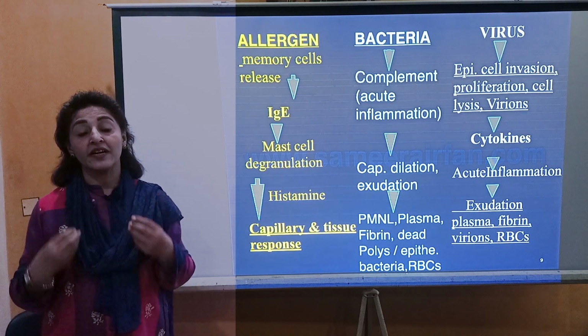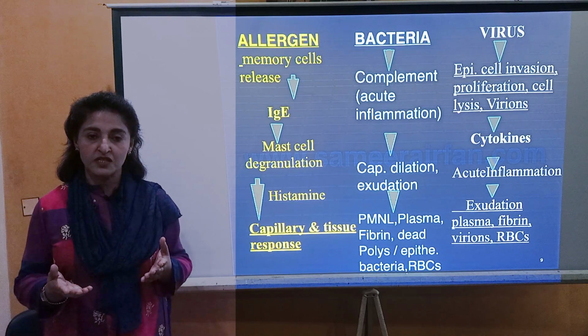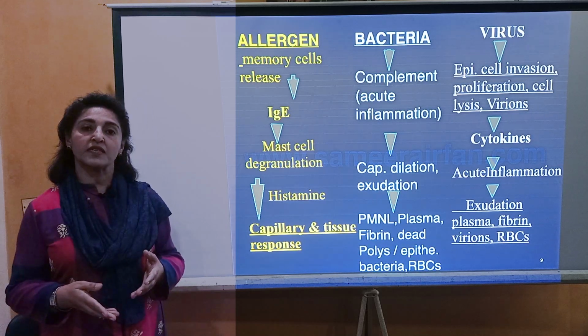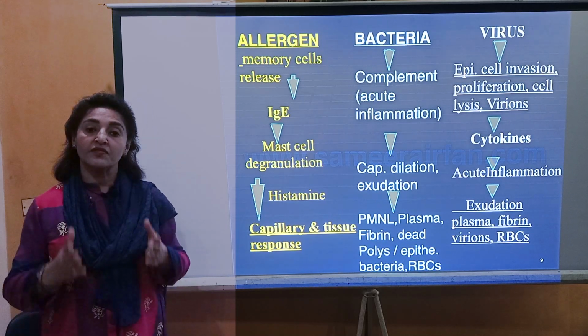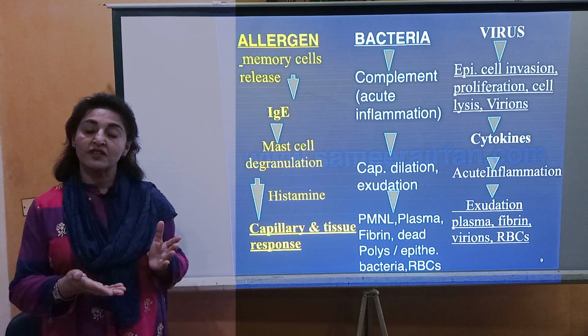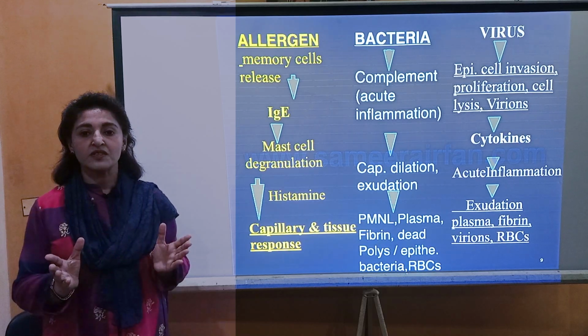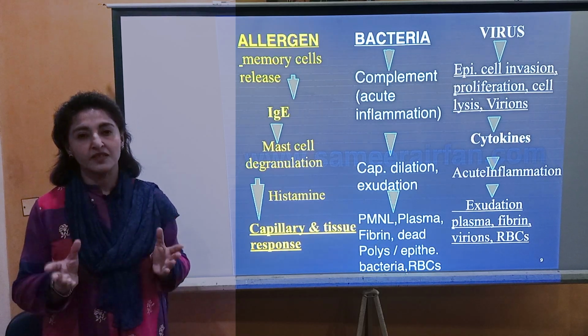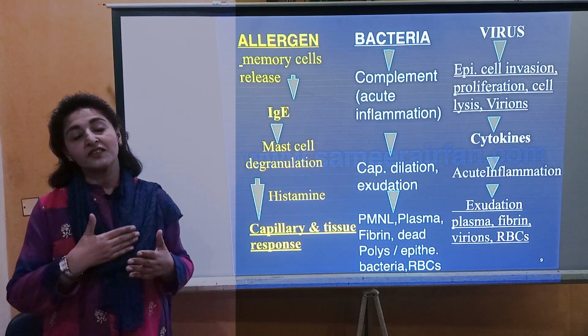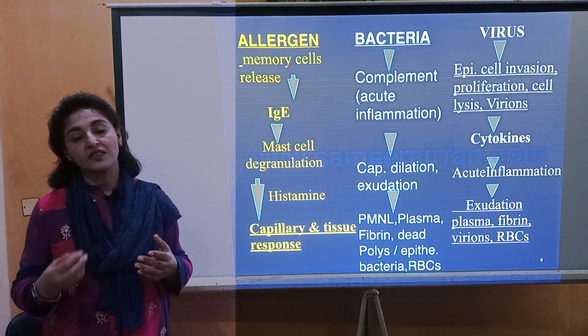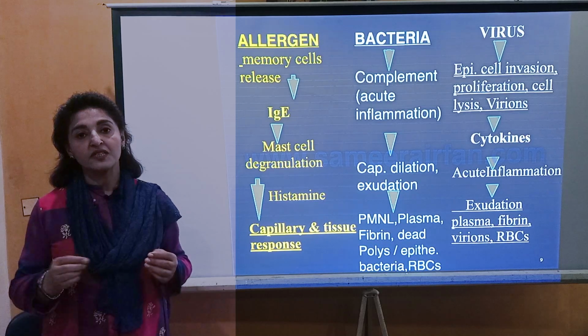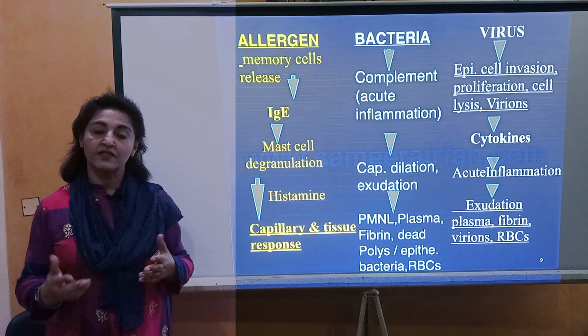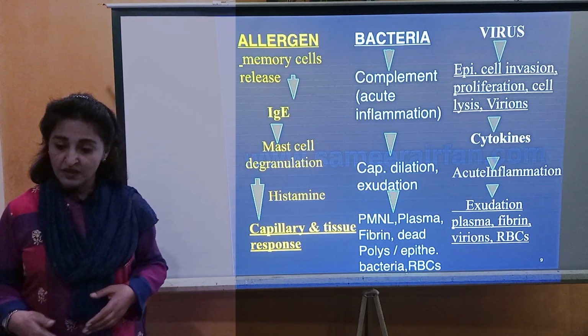Depending upon how aggressive that bacterial infection is and how much load of the bacteria there is, the vascular congestion will depend on that, and if the vessels are too much dilated, the infection is too severe, then there will be leakage of RBCs and there will be bleeding spots seen on the conjunctiva and subconjunctival hemorrhages.